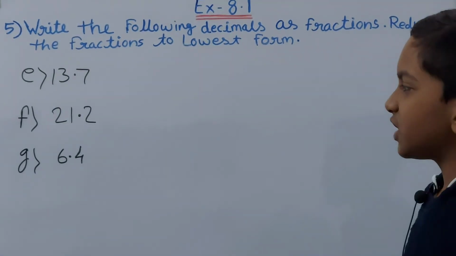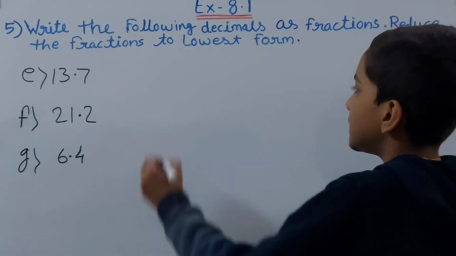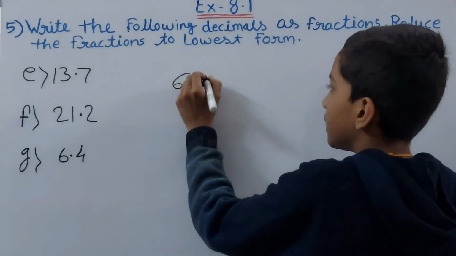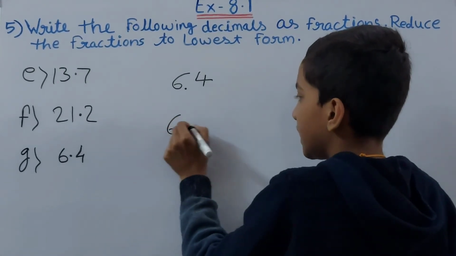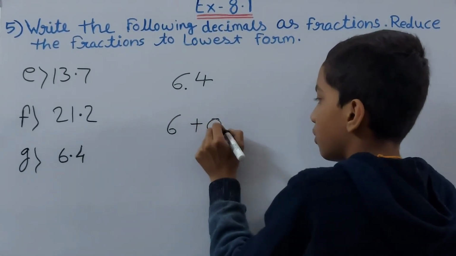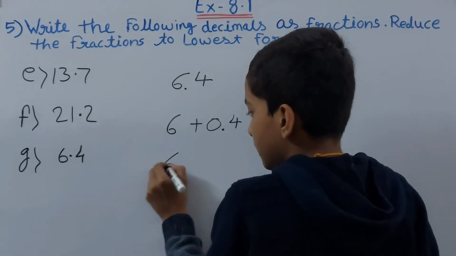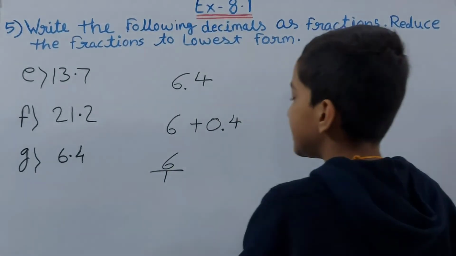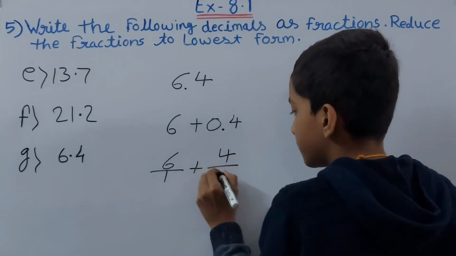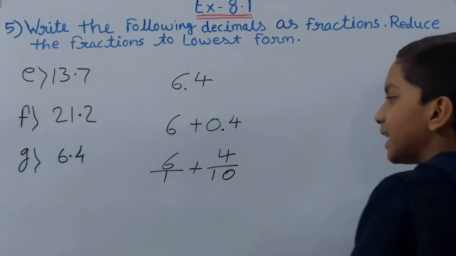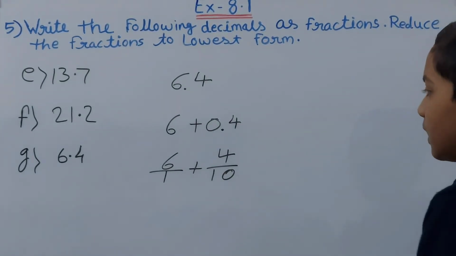So the next part is the G part, which is 6.4. So let's break this down. So that means 6 plus 0 point and a 4. So let's assume this 6 in a fractional form as 6 upon 1 plus, so this 0.4 becomes 4 upon 10, and now the denominators are not the same, so we will equal them.